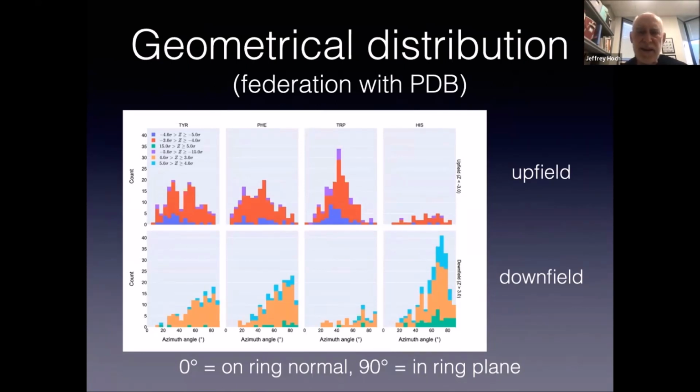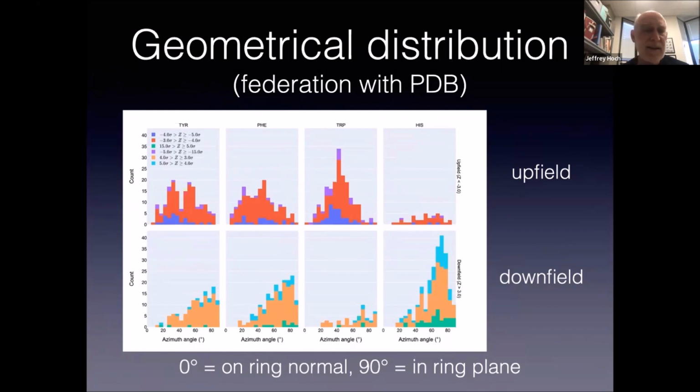So it's interesting that we do see peaks in this distribution, but what's interesting, in particular, if you look at, for example, the case of tyrosine, the peak in the distribution doesn't correspond to being directly above the aromatic ring. And I have to thank a reviewer on a manuscript that we submitted on this for asking us, why is it at around the first peak in that distribution, around 25 degrees?